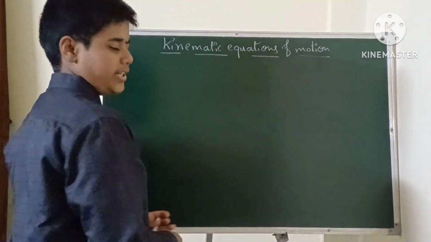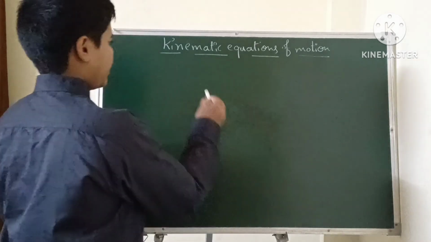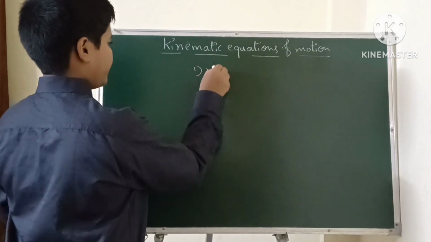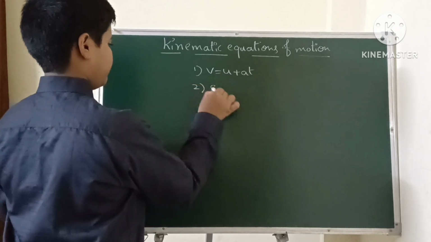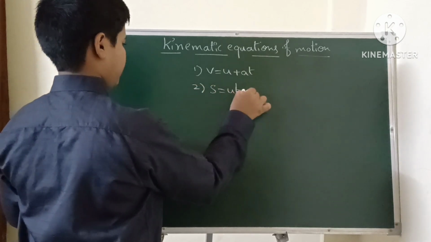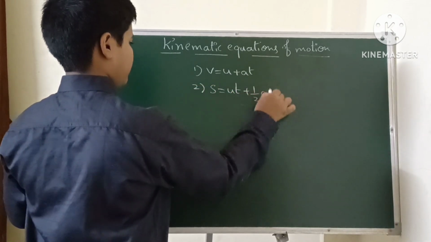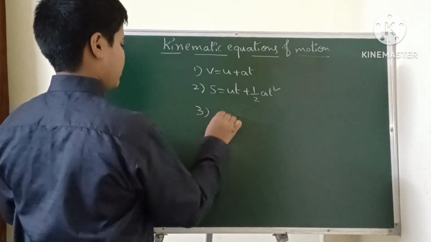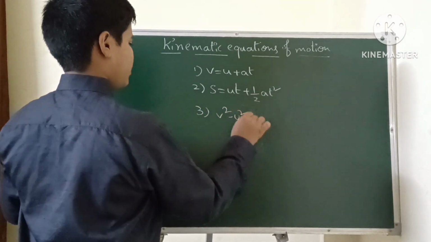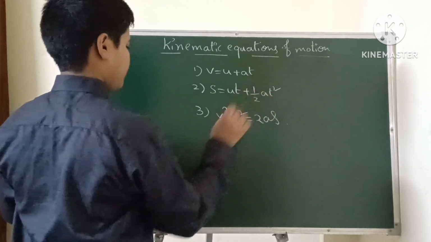So if we see kinematic equations, there are four equations. First one, V equals U plus AT. Second one, S equals UT plus half AT square. Third one, V square minus U square equals 2AS.